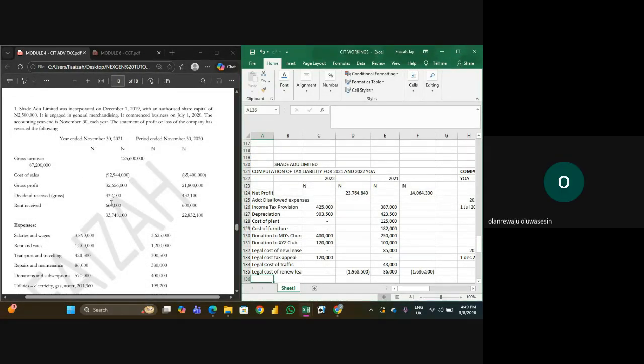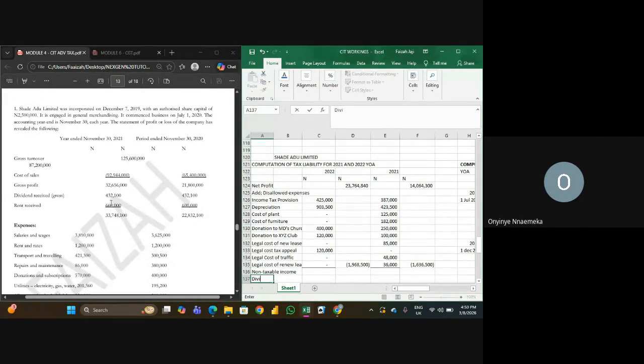Dividend. So we have to less non-taxable income. Non-taxable income, we have dividend. Because it was the gross that was added, we are going to less the gross. We less what was added there.